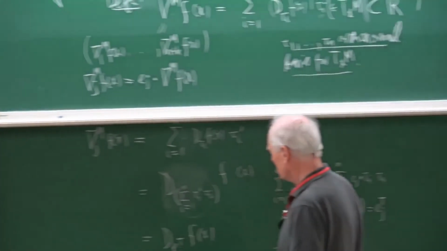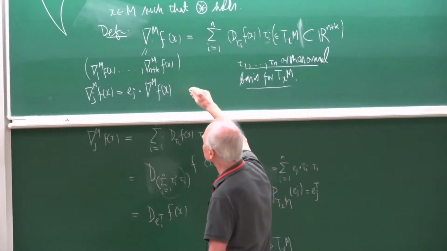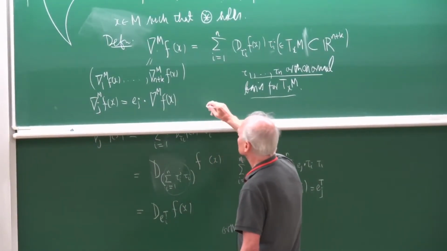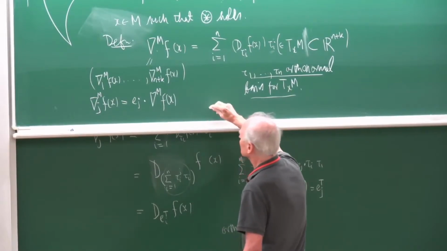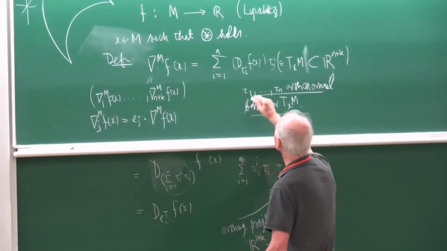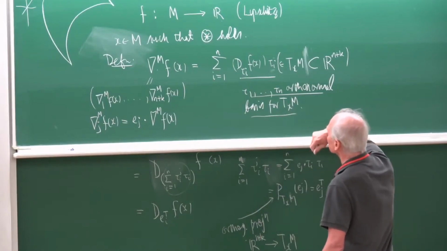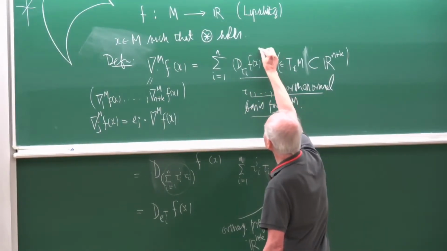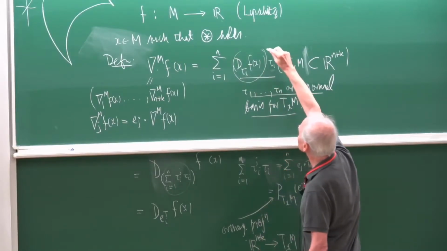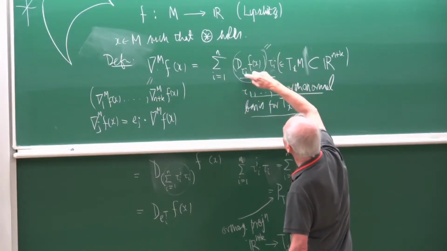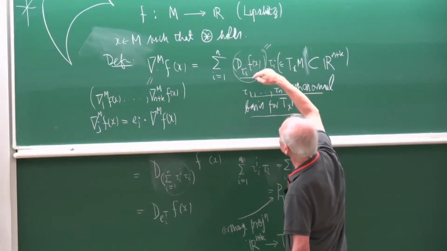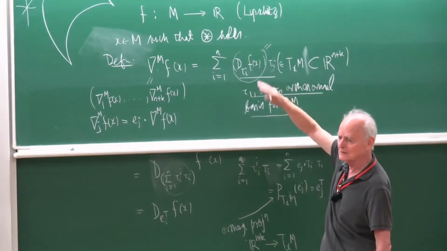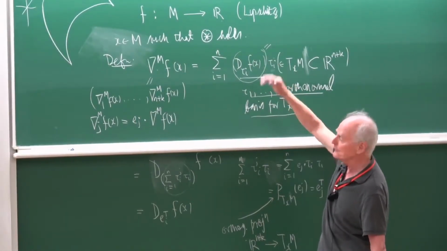Namely, this guy is grad_M f. Here it is, this thing. And if f is actually C1 in a neighborhood, you can rewrite this directional derivative in the more standard way. This would be a directional derivative in R^(n+k) in that case, rather than just a directional derivative in the manifold.